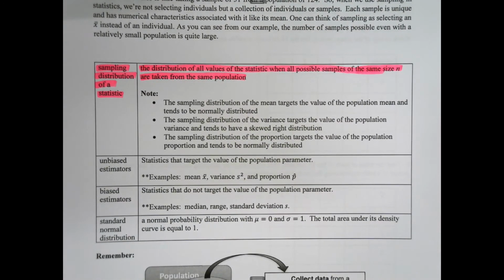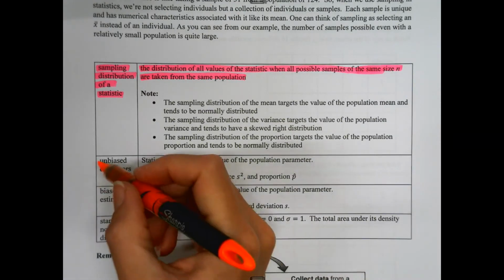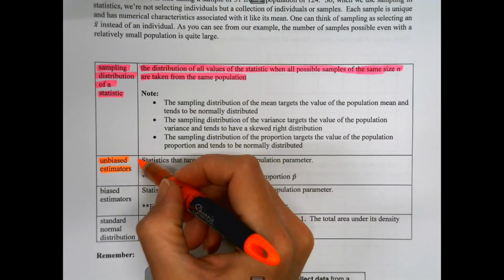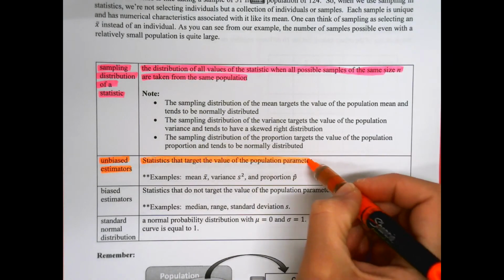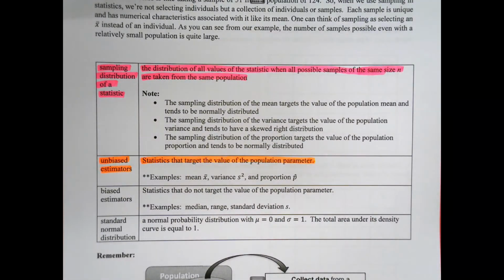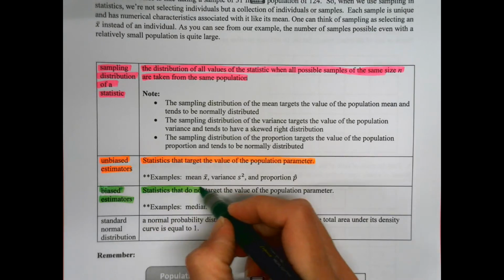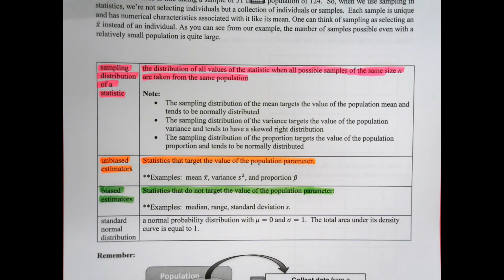Unbiased estimators. An unbiased estimator is a statistic that targets the value of the population parameter. Some examples are the mean, the variance, and the proportion. Biased estimators are statistics that do not target the value of the population parameter. Essentially, unbiased estimators we can use to make inferences about our population from a sample.